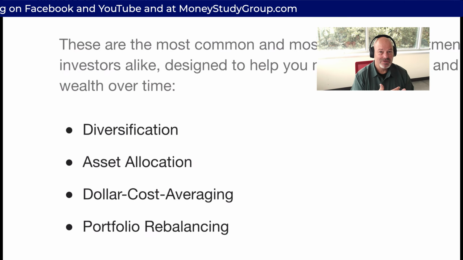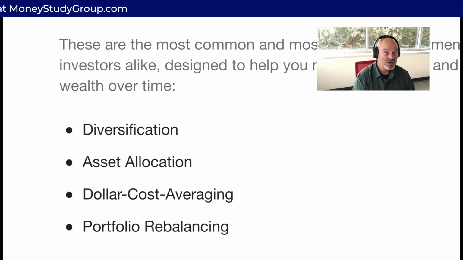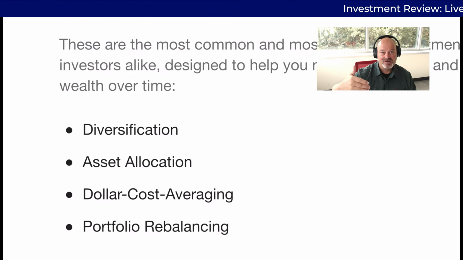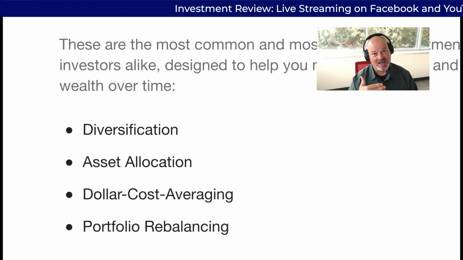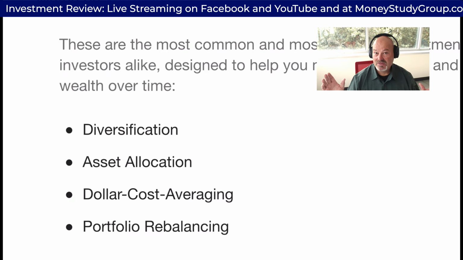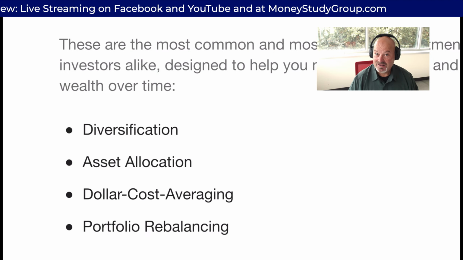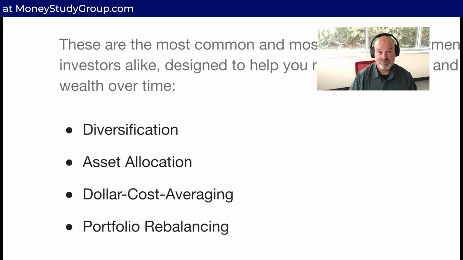If you get the idea that you're going to put everything into your company stock, that's what happened to the folks at Enron. The leaders at Enron convinced the employees that they should put as much money as possible into their company stock. And of course, they were cooking the books. They were not honest people, and the employees took a huge hit and many of them ended up with nothing because they weren't diversified.